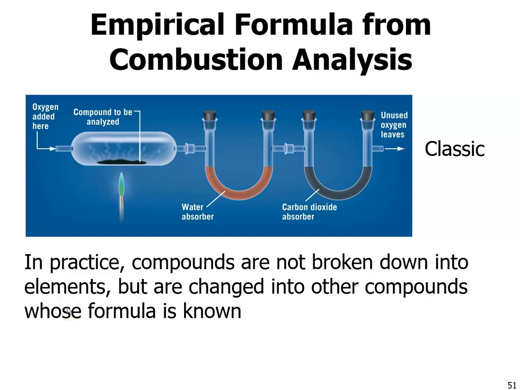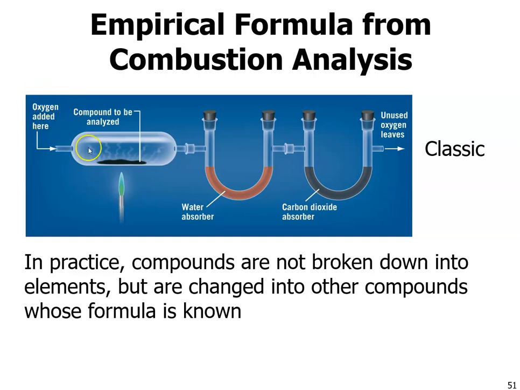This is a classic example of how empirical formulas were determined. Usually what you're doing is you're taking your compound that's going to be analyzed, you would burn it, you'd ignite it, and you'd send it through these various compounds that would then absorb water, for example, and absorb carbon dioxide. And when the water is being absorbed, we recognize that we're adding an oxygen source.